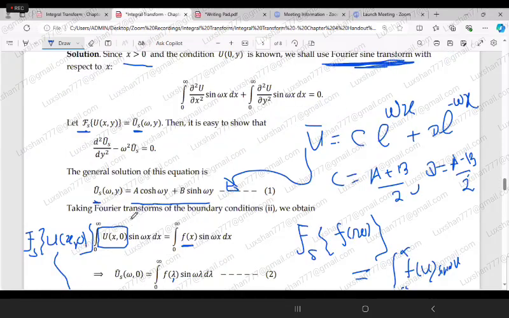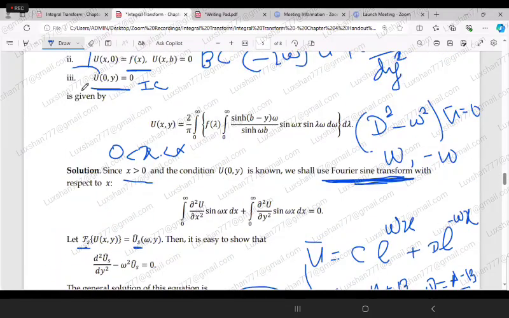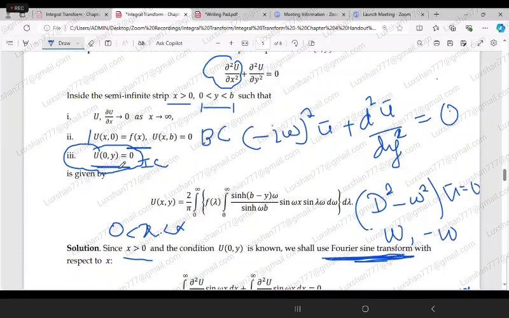Now, where are we using this one? Can anybody tell me where we are using this one? Because when you take the Fourier transform of this, can you remember?